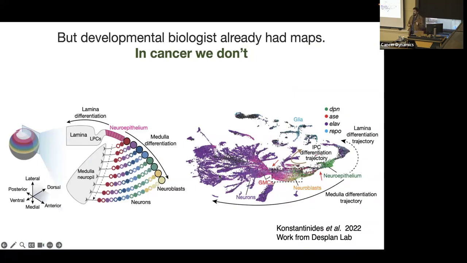I was actually discussing this with the students and postdocs during lunch. In developmental biology, people have been studying these cells and how they differentiate in 3D and in time and space forever. And now that single cell sequencing technology came in, it was like a dream technique for a whole landscape and set of coordinates and frameworks that they already had and knew existed.